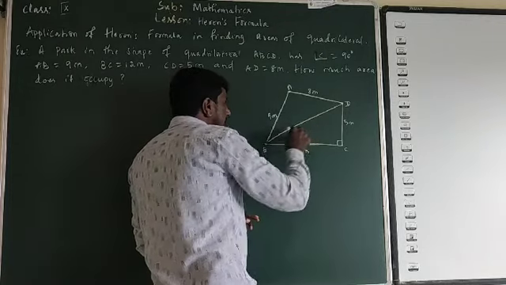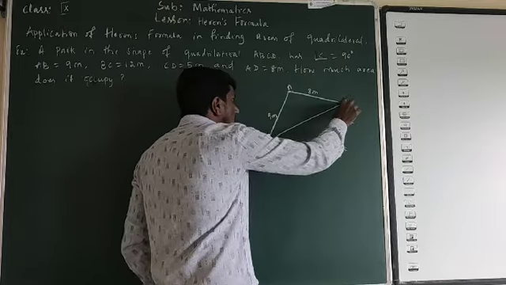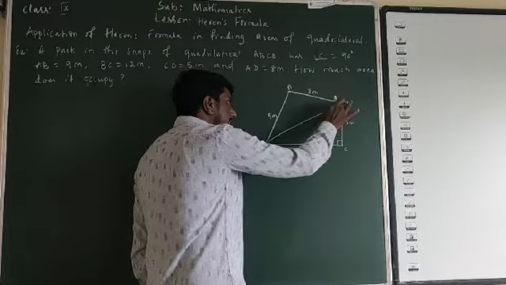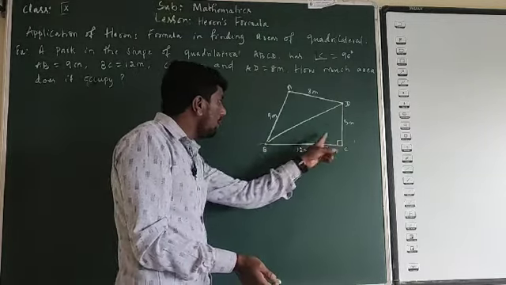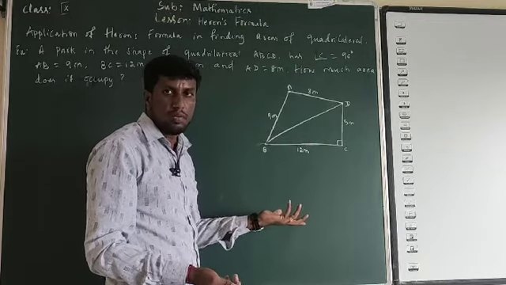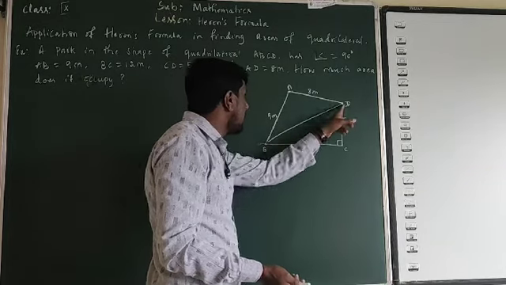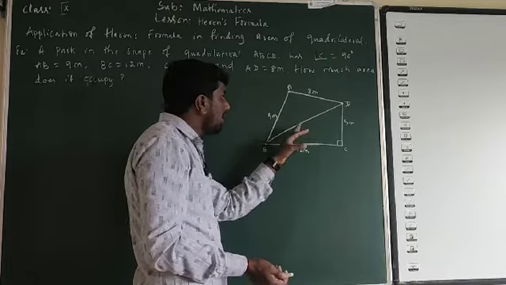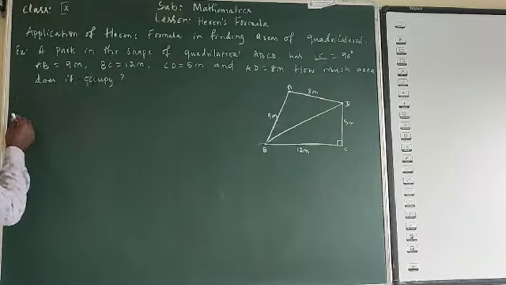But BD is a common side for triangle ABD as well as for BCD. Since BCD is a right angle triangle, by using Pythagoras theorem, if I know any two sides, I can find out the third side. So let me do that. By using the Pythagoras theorem for the right angle triangle BCD, I can find this. Then I can make use of Heron's formula for the other triangle. Let me do it step by step.